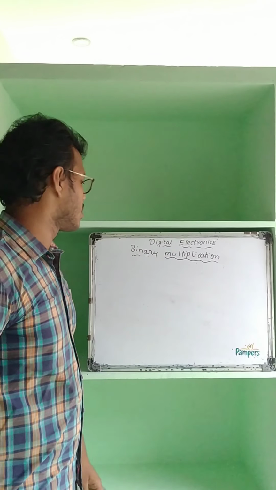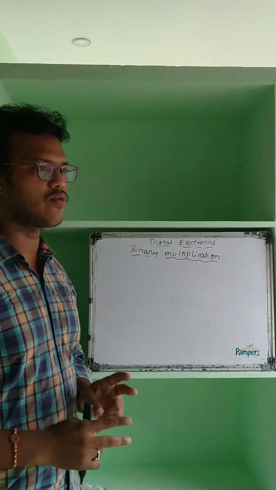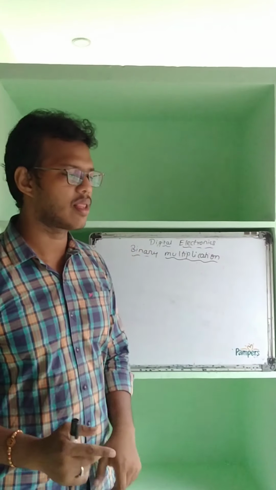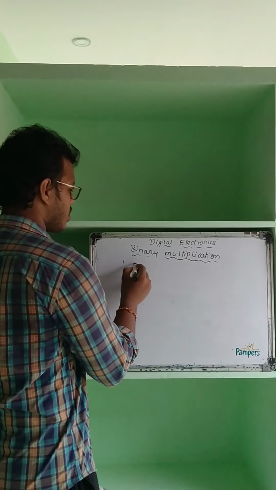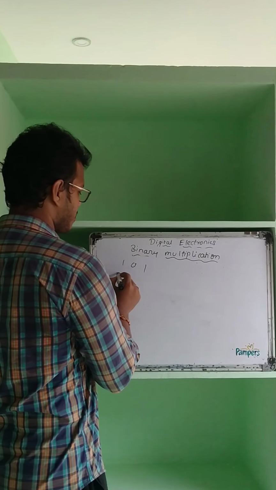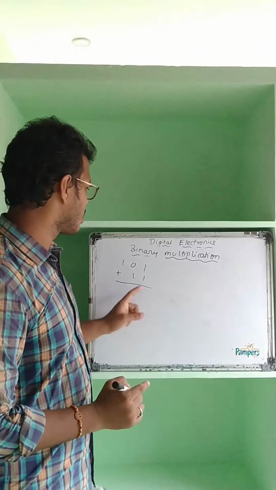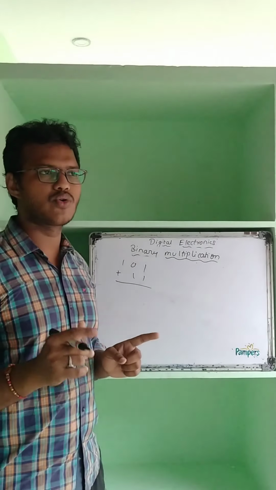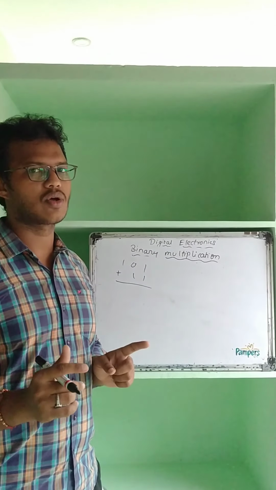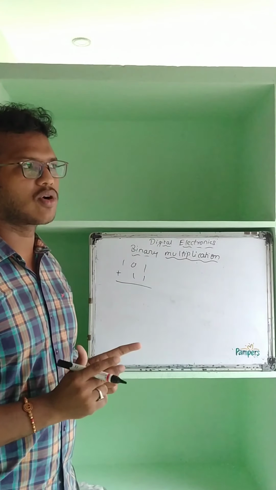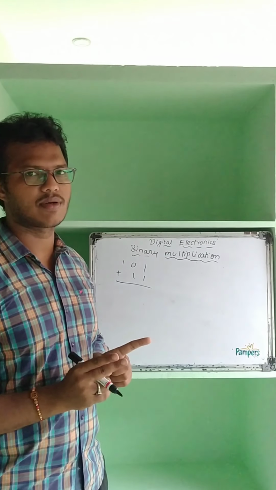So if you want to add two numbers, how do you add? Let us take 101 plus 11. Okay. So 1 plus 1. You have to remember 1 plus 1 is not equal to 2, because 2 does not exist in the binary number system.